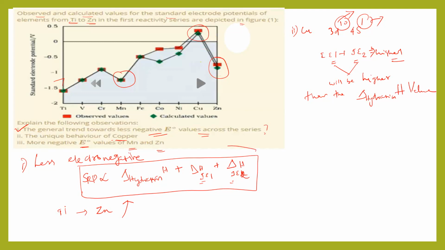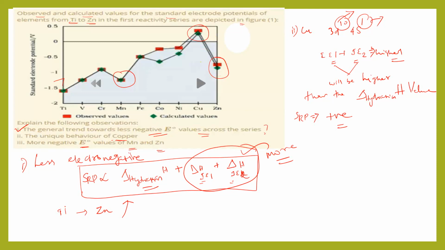So these two values for copper will be more than the hydration enthalpy value, so that the SRP is positive. Got it? The ionization enthalpy values are much higher than the hydration enthalpy values, so the SRP value for copper, that is the reduction potential or electrode potential value for copper, is positive.